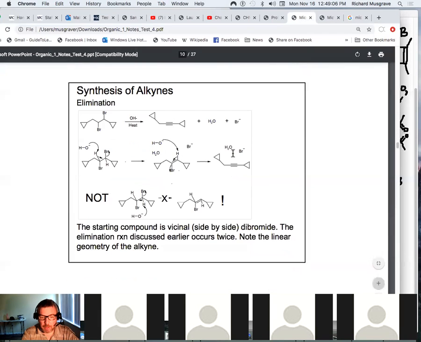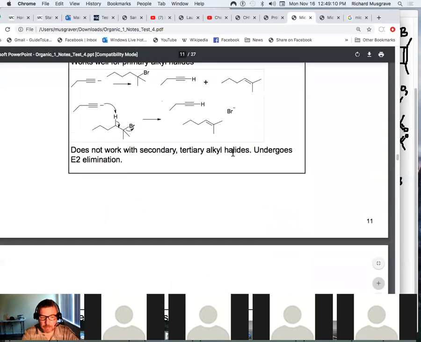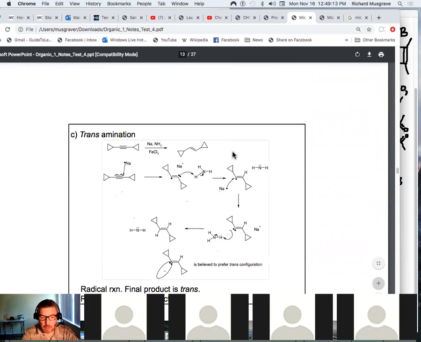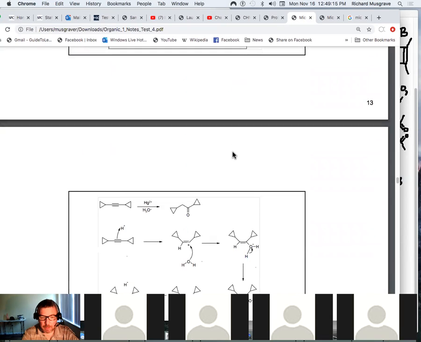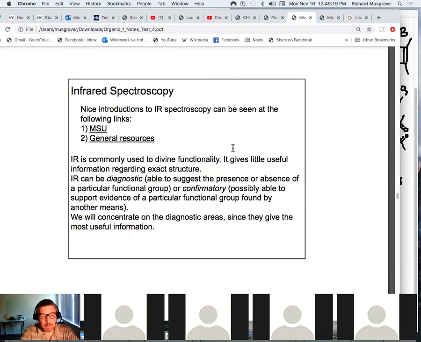So what I wanted to do now was do the infrared spectroscopy, and after that, if I have time today, I'll start on the NMR, but on Wednesday, that's definitely what I'll be doing, will be NMR.